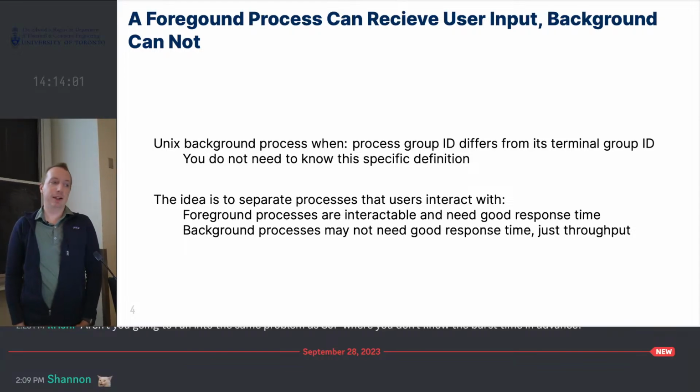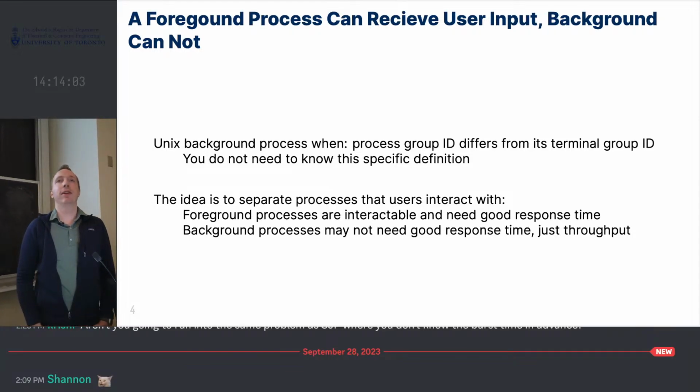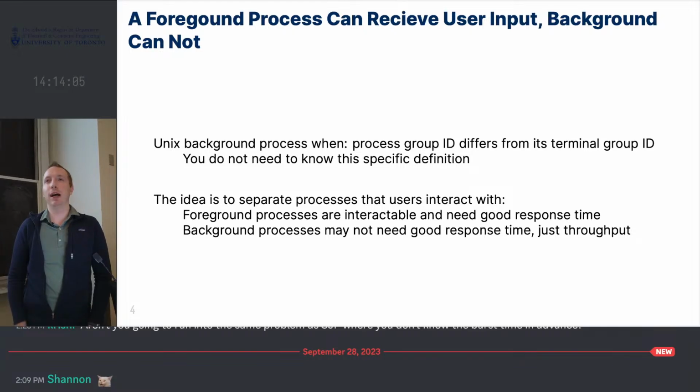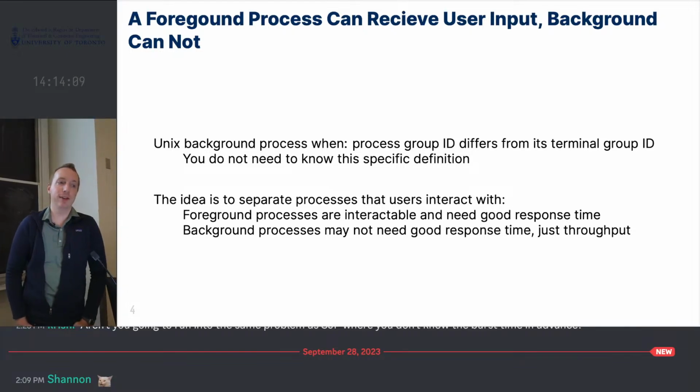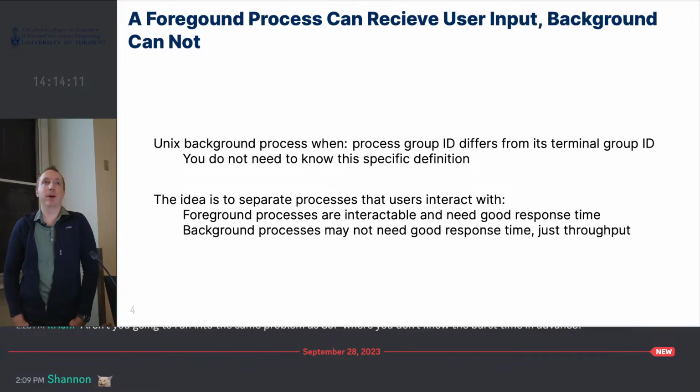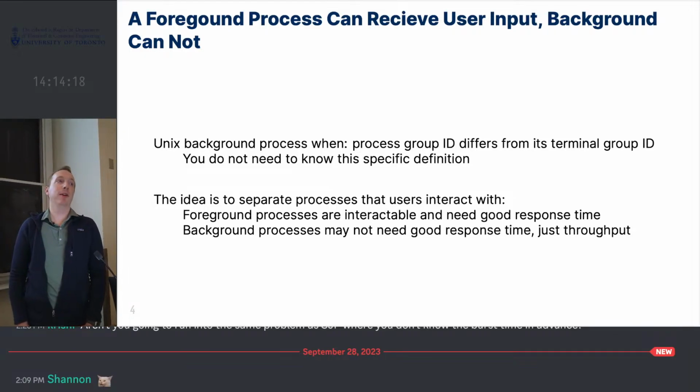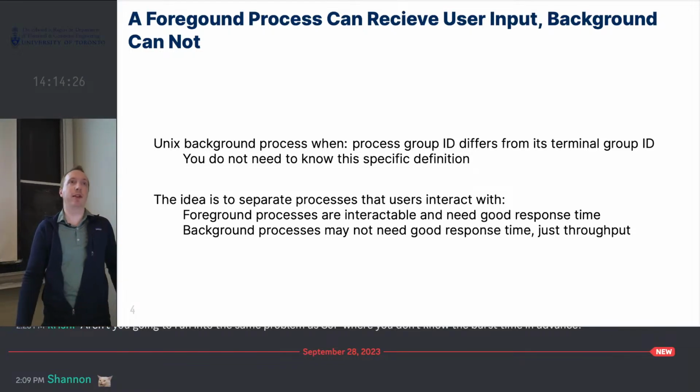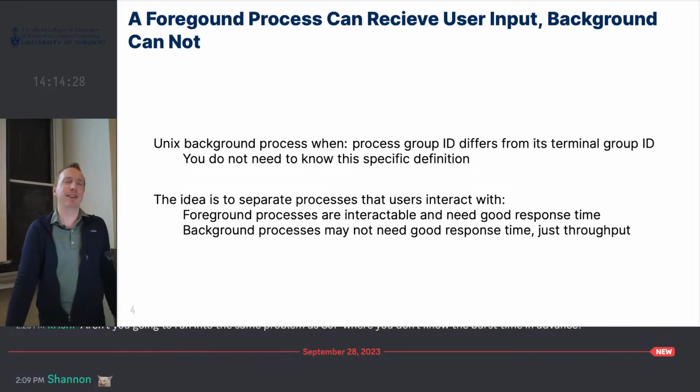Another thing you might encounter is a clear separation of what we'll call foreground processes and background processes. Foreground processes are basically processes you are interacting with. For any process you are interacting with, you probably care about response time, and that's the most important thing.